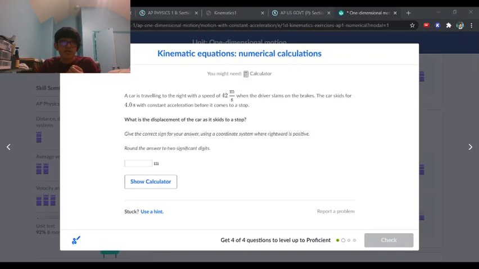Because truth be told, kinematics is by far the easiest thing to do in unit one and in physics in general. Of all the equations, you're going to be so happy to see these equations more than the other equations you'll be covering this year. I hope you guys are going to do well on that exam.